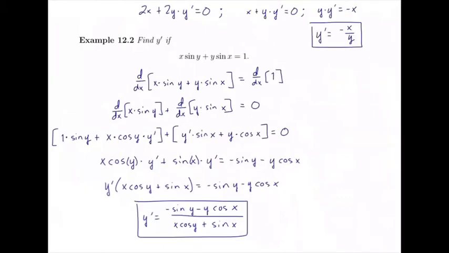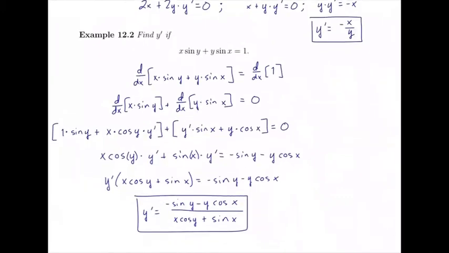So expanding all this out, or dropping these bars and writing the products more casually as we see here, we've got x cosine y times y prime plus sine x times y prime. That's these two terms. The other two terms we've subtracted from both sides of the equation and effectively moved over to the right-hand side as these negative terms.